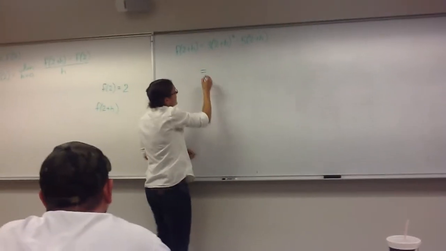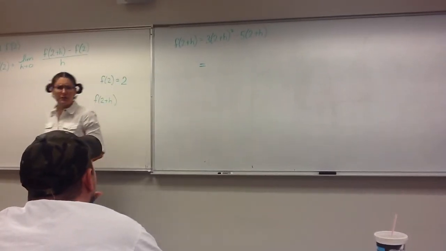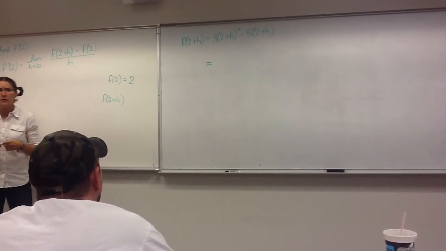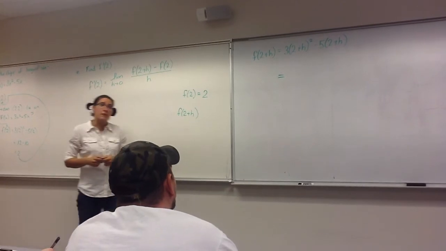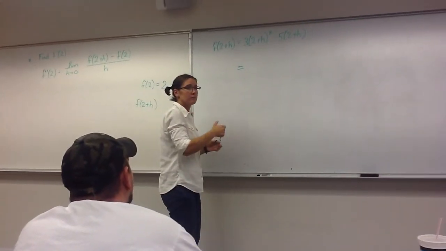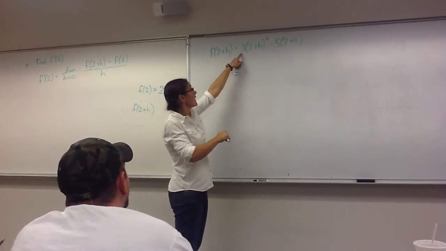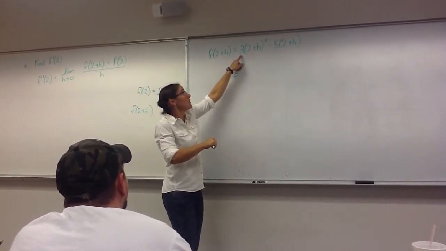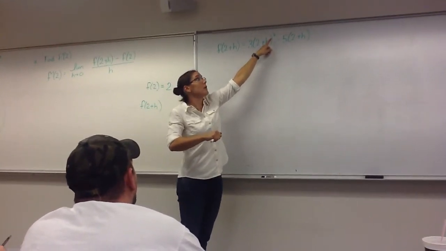All right, so what are some things we can do here to expand this out and start to eventually combine some terms if possible? Okay, what would you like to distribute? 3 and then 2. This guy here? Okay, so we eventually want to distribute the 3, but before we can do that, we've got to square this guy out, okay, because of that power up there.